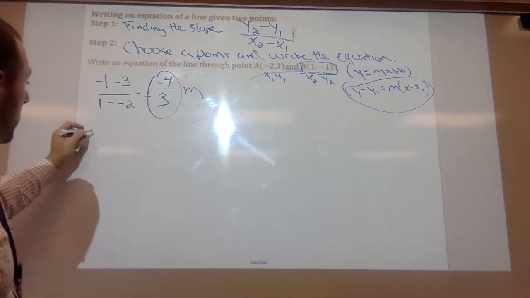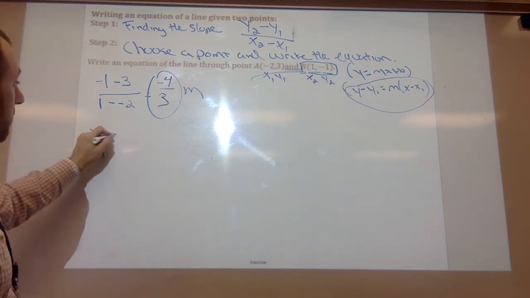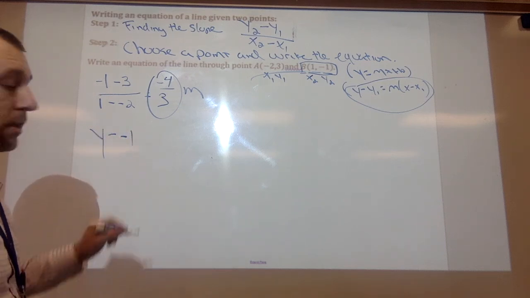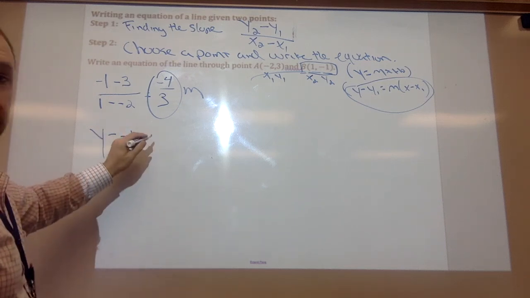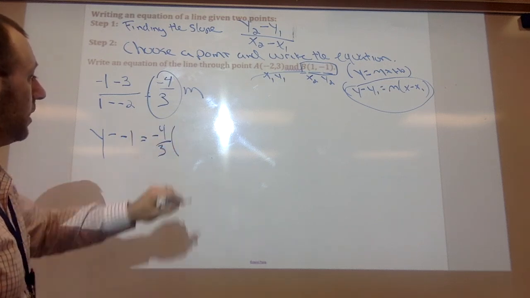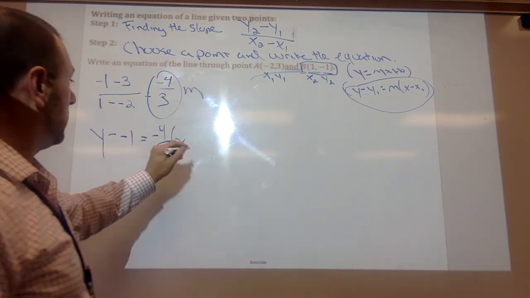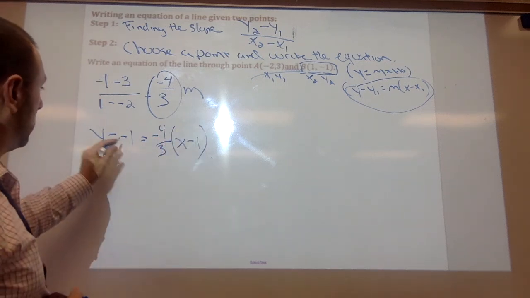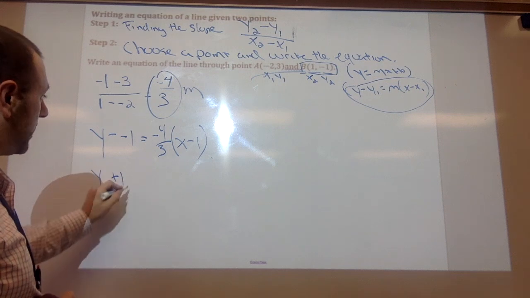So I'm going to say y minus, the y value there is -1, equals my m, which I just found, is -4 over 3, times x minus 1. Now, this double negative is going to be a positive.